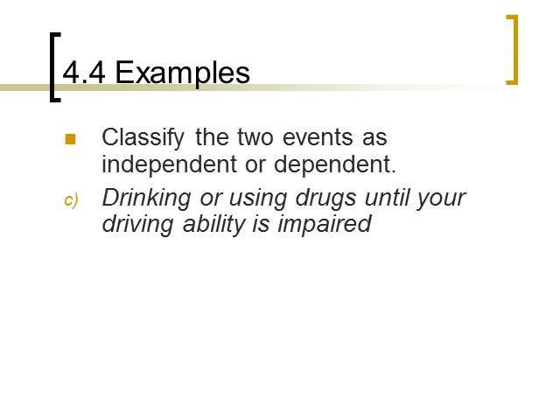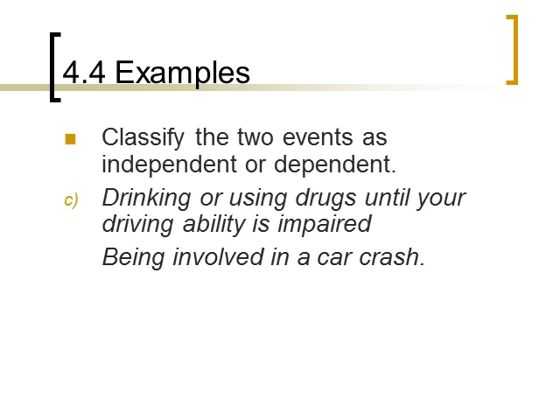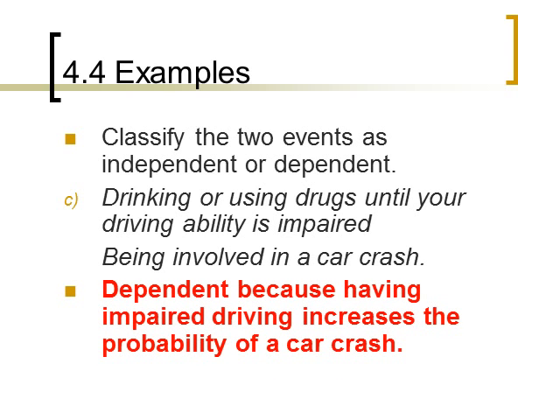Here's the third example. Drinking or using drugs until your driving ability is impaired, and being involved in a car crash. Can these events impact each other or influence each other? And yes, they can. So we would classify these as being dependent events because having impaired driving increases the probability of a car crash.